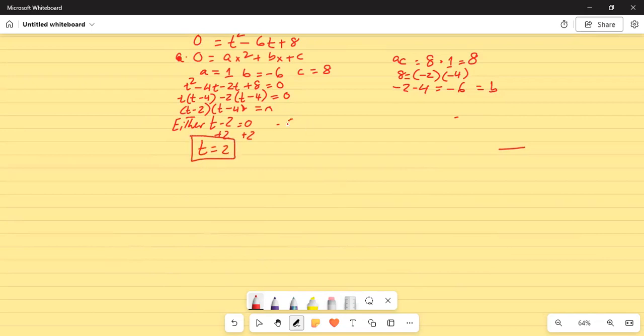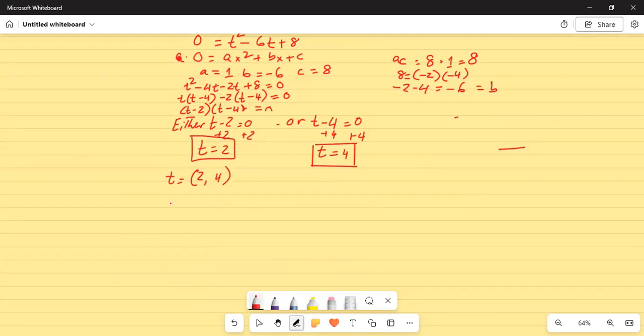The other, or t minus 4 equal to 0, add 4 on both sides, t is equal to 4 also, another possibility. So t is 2 and 4. These are the possible solutions for t.